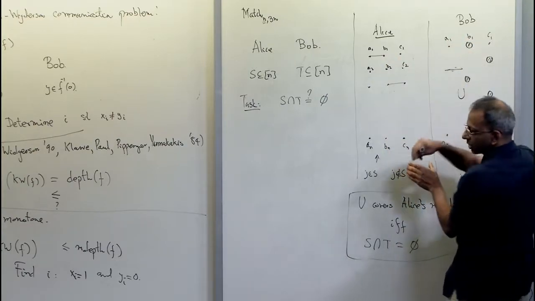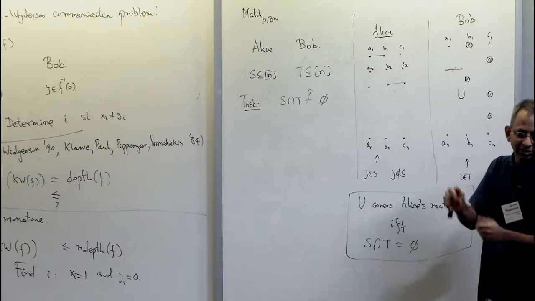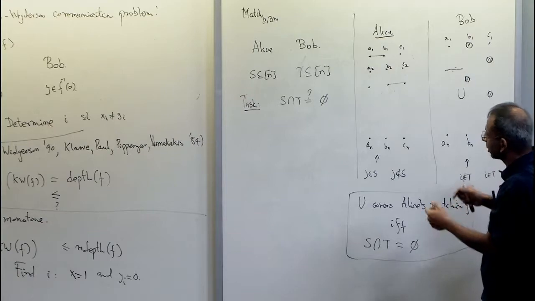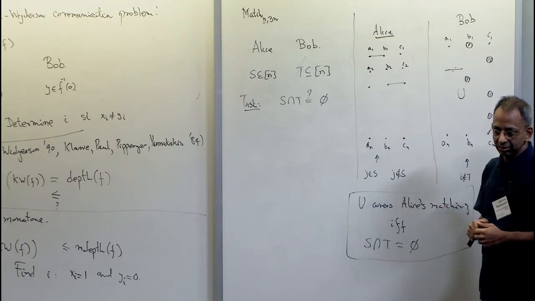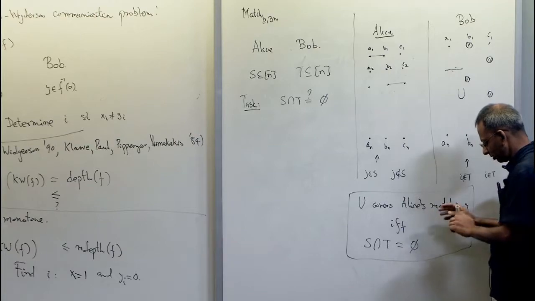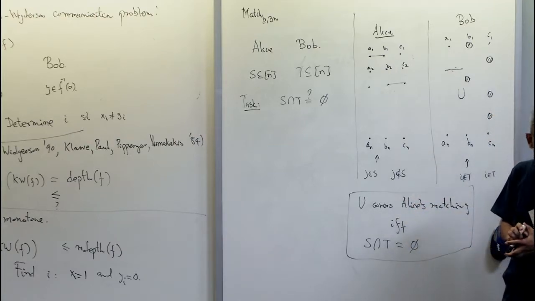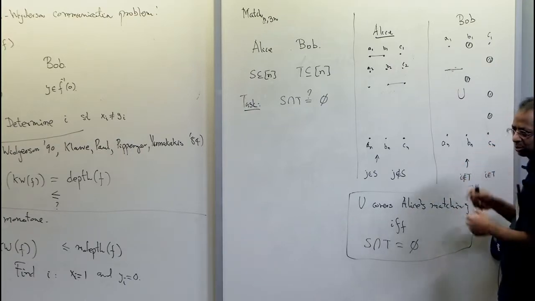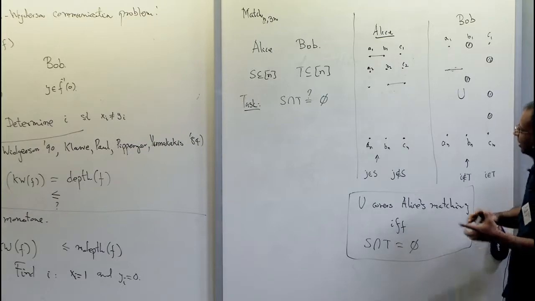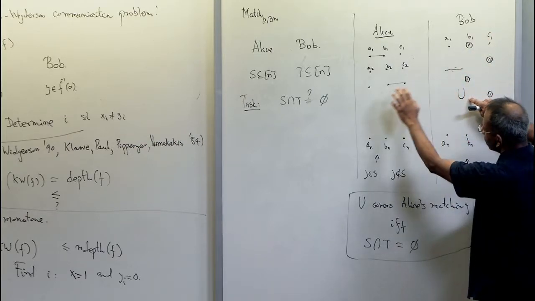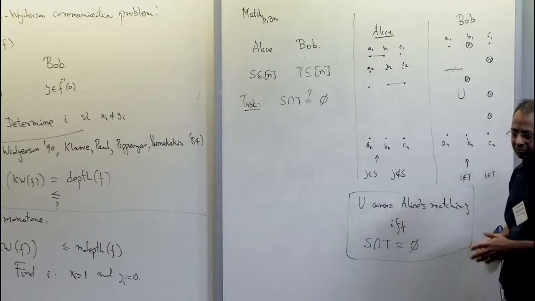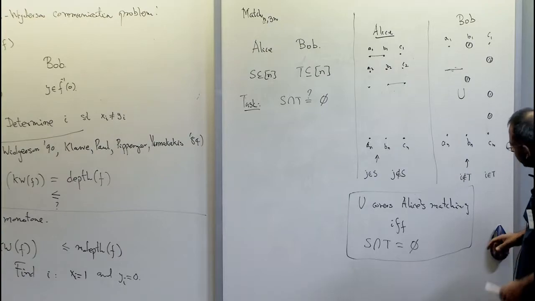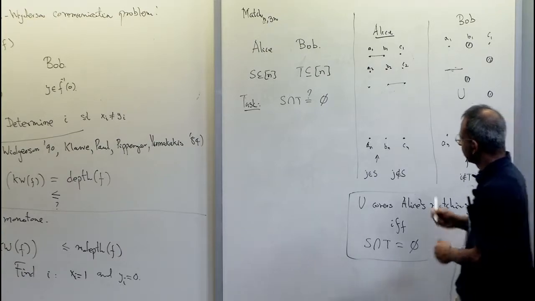So no matter where Bob puts his node, the vertex will cover the edge. The only case when you don't cover is when both of them have ones. So maybe what I wrote is not correct, but something like this is true. So we have sort of reduced not to the matching problem, but to the so-called vertex cover problem. That is, Bob's set U covers Alice's matching if and only if the sets are disjoint. So now, yes, the next step.